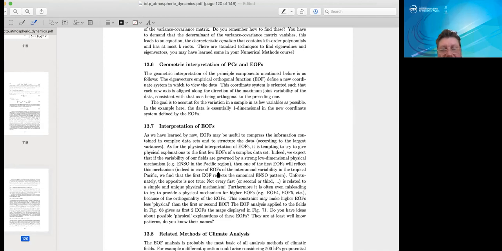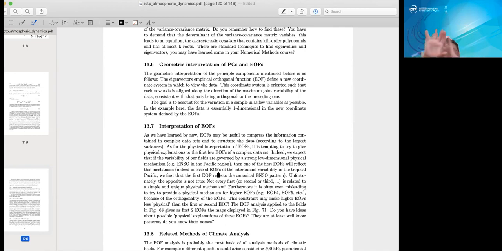Definitely. More problematic are higher EOFs because, as we know, each one is defined to be orthogonal to the others. So higher order patterns typically have more structure by definition.